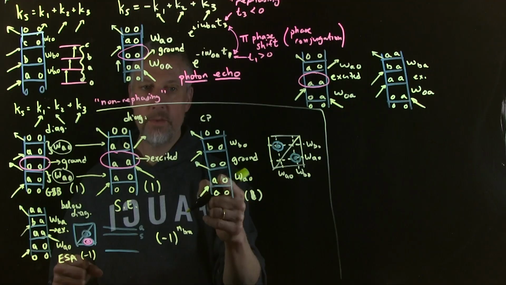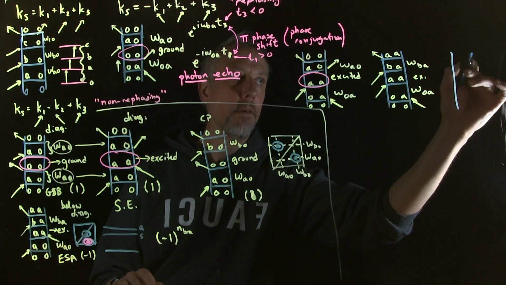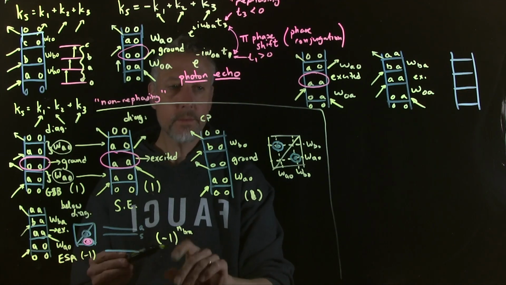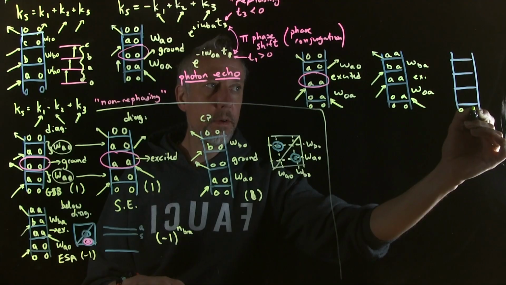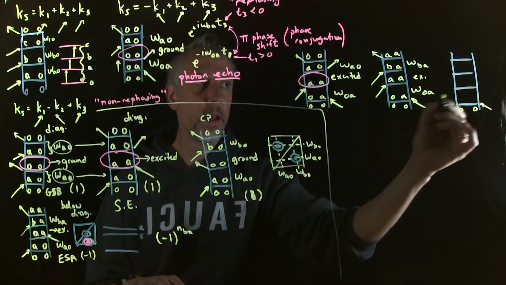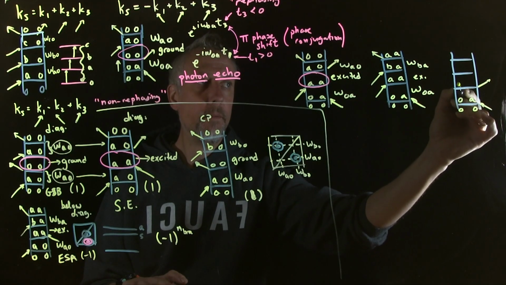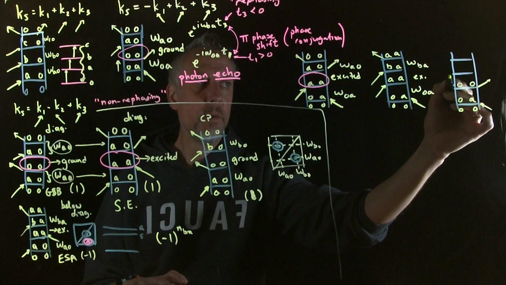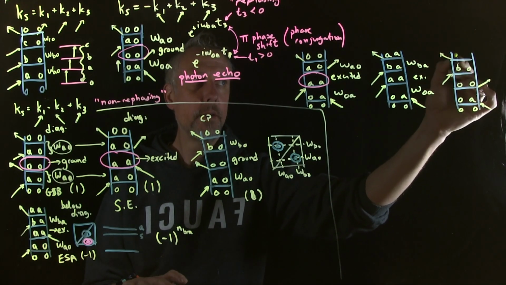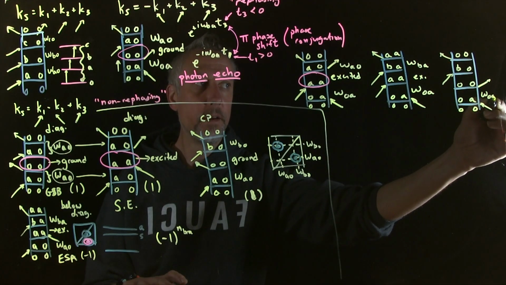All right, and then the fourth pathway that we've been considering is this one over here. All right, we have 0, 0, go up. And this is the one where we go back down again. And then we come up on the other side. And then we go down. Frequency omega 0A.